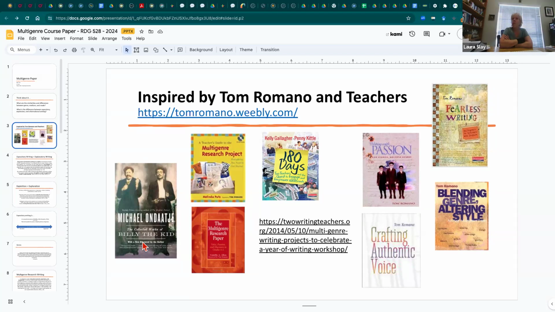Basically, Michael Ondaatje wrote a book in multiple genres about the life of Billy the Kid. He did research on him and told Billy the Kid's story. He started it at the collegiate level with his English students, and then that got passed down to classroom teachers, like grades 4 through 6 teachers.